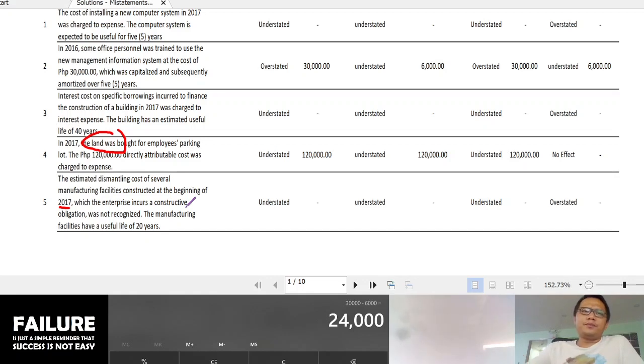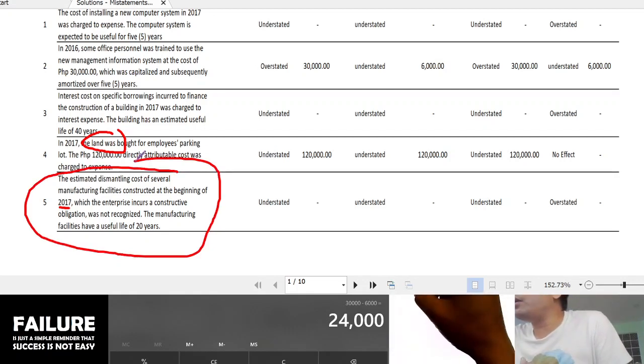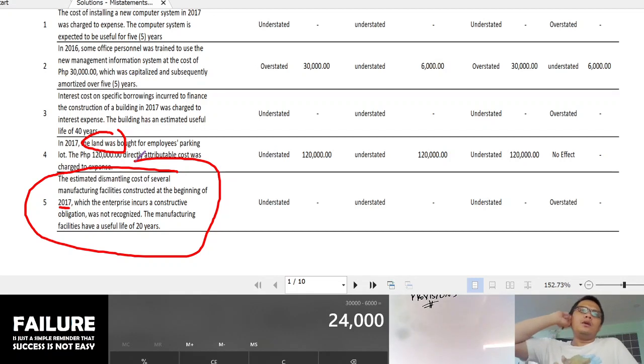Actually, class, these particular transactions relate to the concept of having provisions.